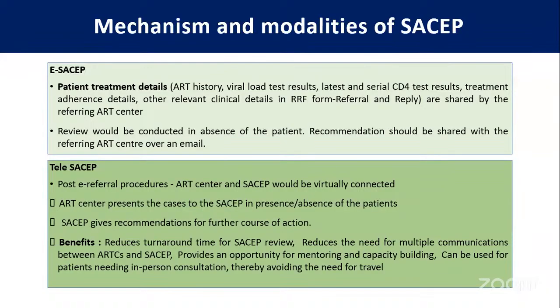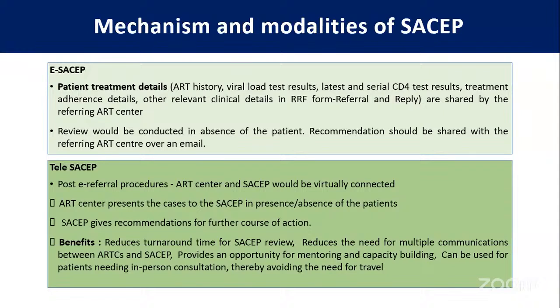Now, there are two things regarding the SACEP mechanism. We have learned a lot of things during the COVID pandemic: that e-SACEP happens, and there is tele-SACEP. E-SACEP is basically where the patient's treatment details like history, viral load results, serial and latest CD4 counts, treatment adherence details over time, and other relevant clinical details in the referral and reply form are mailed to the SACEP by the referring ART center.